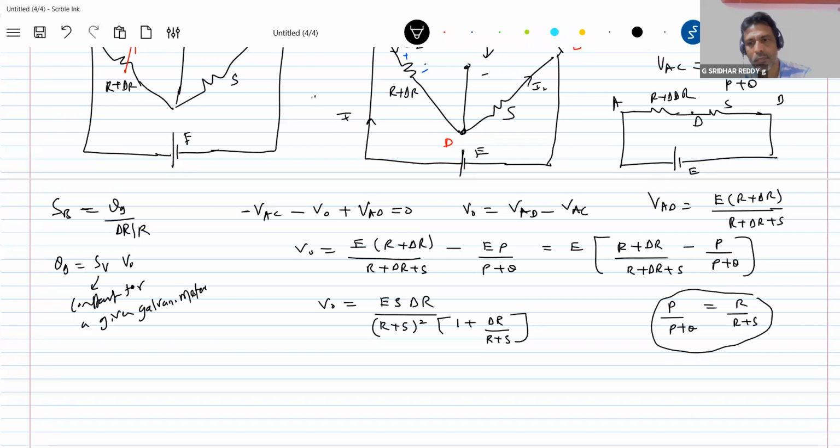From the Wheatstone network, I replace P by P plus Q with R by R plus S. Then I solved it. Finally, I ended up with this equation.